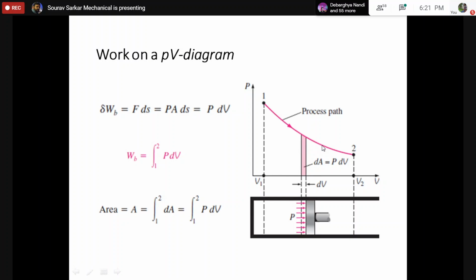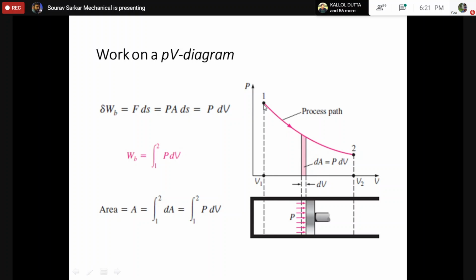At any instantaneous point, you have a dV volume and the instantaneous pressure P. The area of this small rectangle, just like what you have learned in definite integrals, we assume small rectangles and sum them up to get the final area under the curve. The same thing is happening here. So the work done, P into dV, represents the area under the curve of a PV diagram.